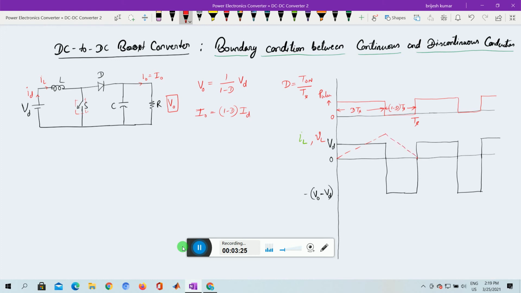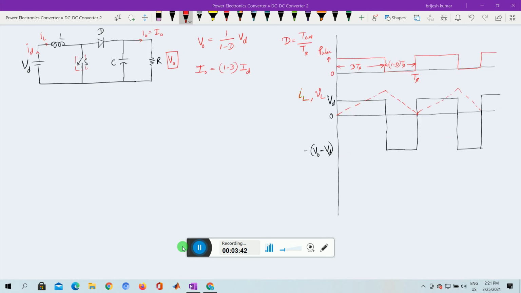So this is the current IL. The average value of the inductor current will be the same as the average value of the input current.